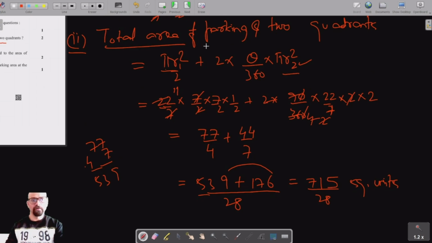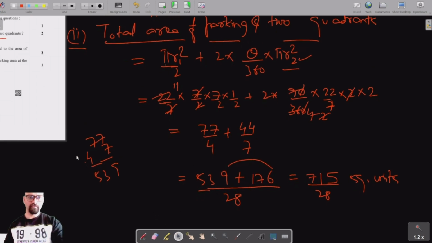This is the total parking area of two quadrants. And let's move on to the next part.